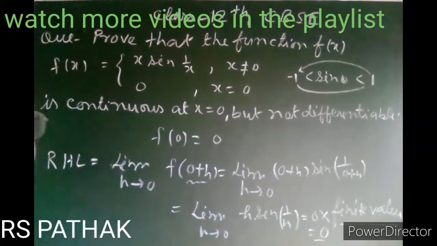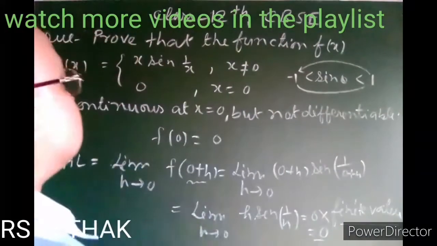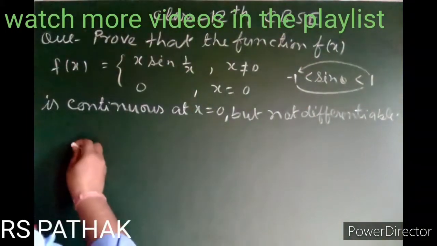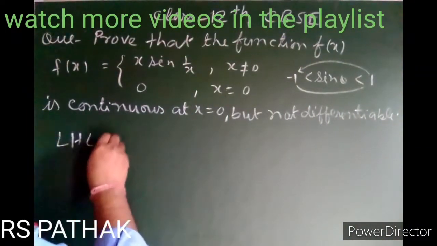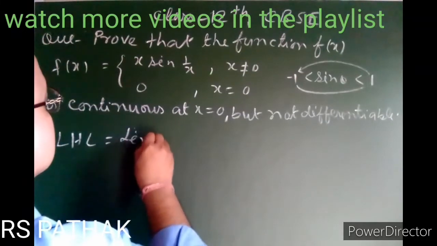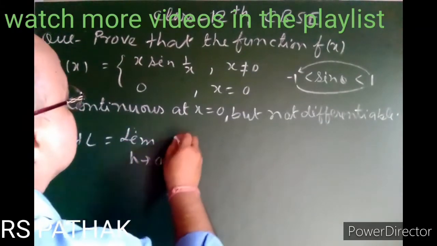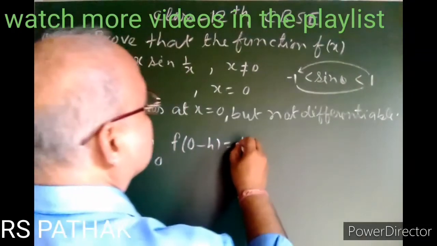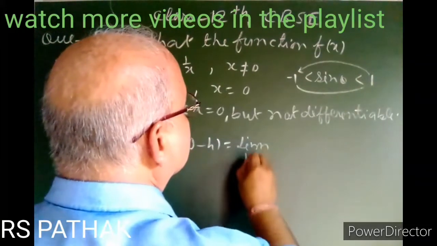Now I will find the left hand limit. Left hand limit equals limit h tends to 0, f(0 - h).